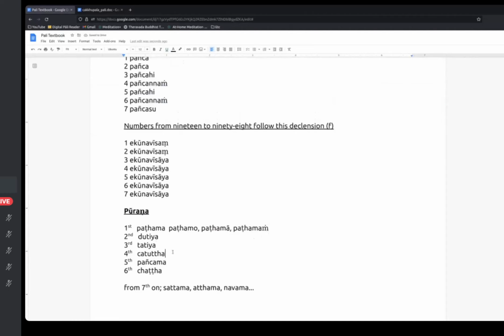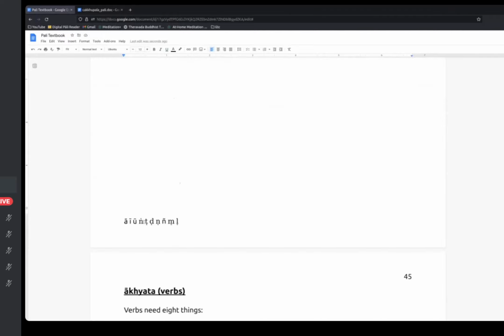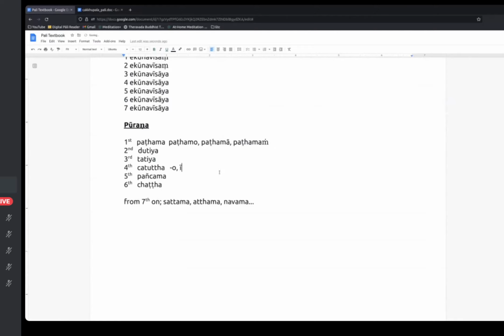And the same with Dutya and Tatita, but for other ones, you have feminine changes. So with this one, it's O, and then it can also be E. And then ang. And that goes for pretty much everything after that.